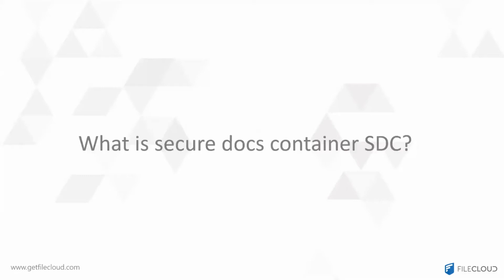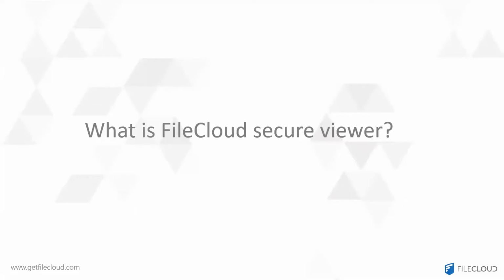Now, what is the Secure Docs Container, or SDC? The file exported from FileCloud using DRM is in SDC format. SDC format can only be viewed using the FileCloud Secure Document Viewer, a tool from FileCloud that can be installed on your computer.